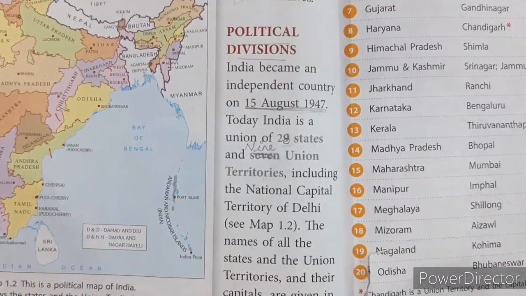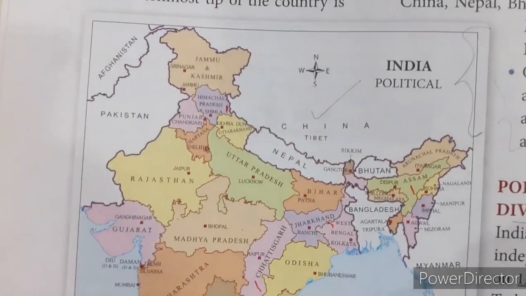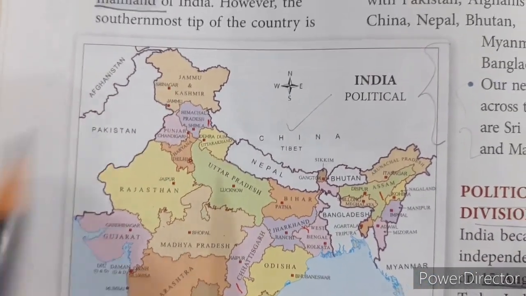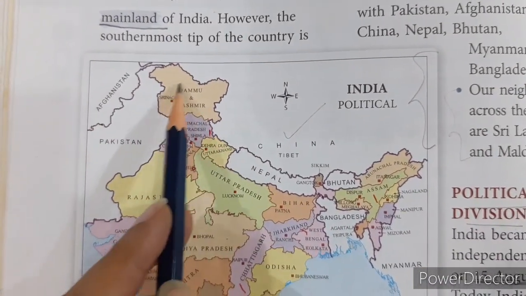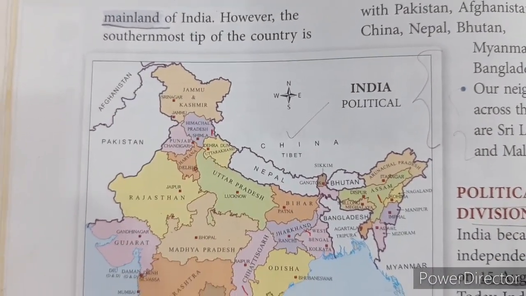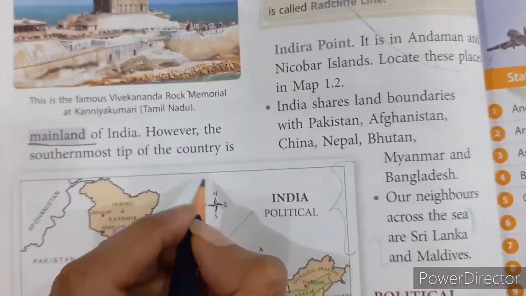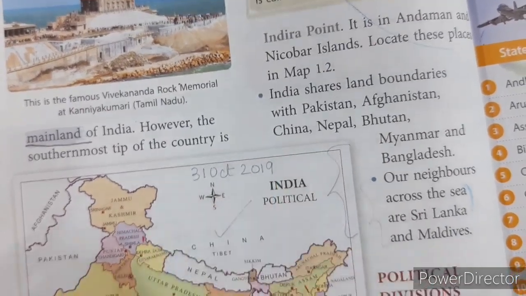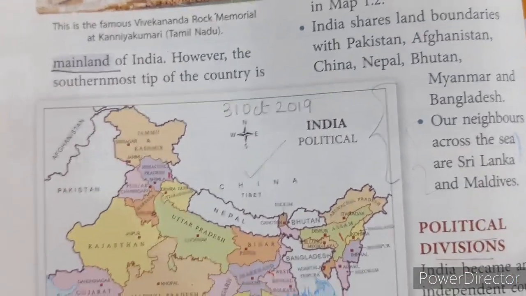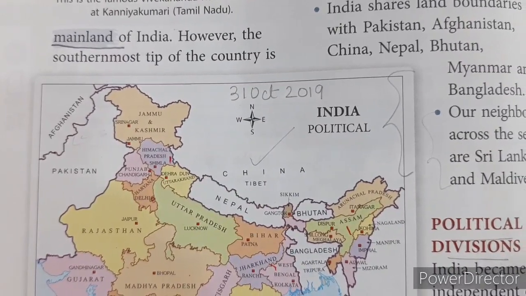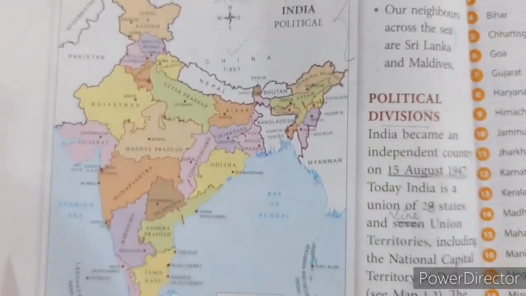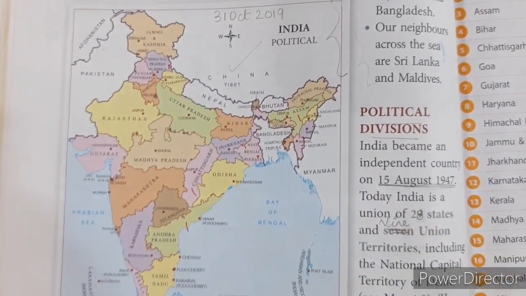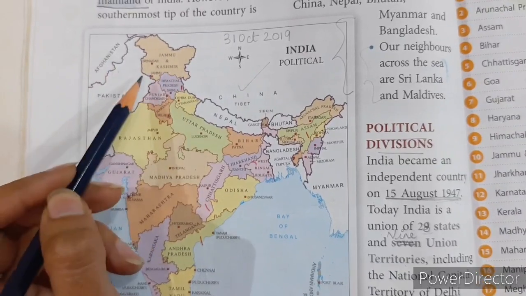To understand that, I will make you look at the previous map of the country, where we have Jammu and Kashmir. Children, on 31st October 2019, this state was made a union territory. So, in all, we were having 29 states, but now Jammu Kashmir is not a state.